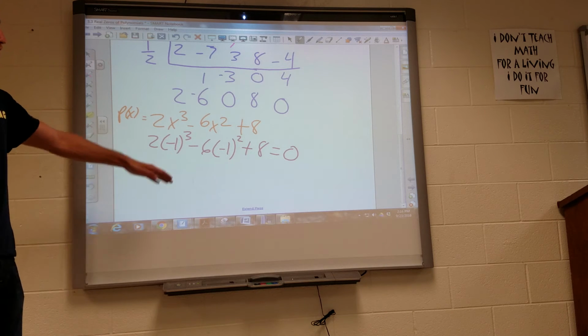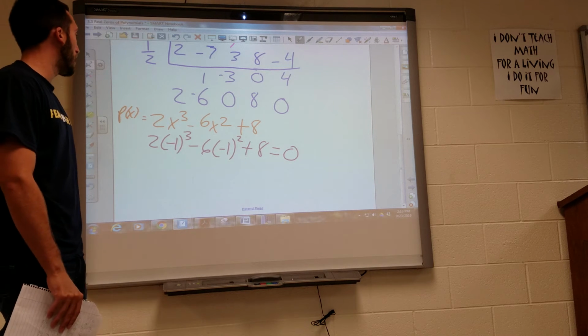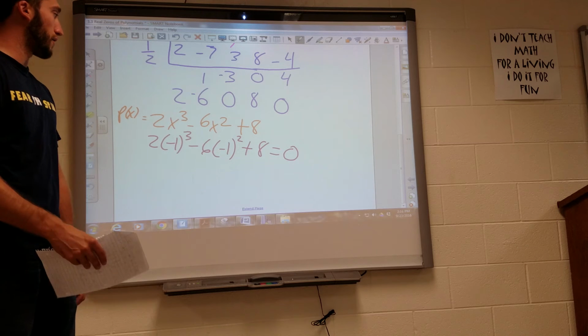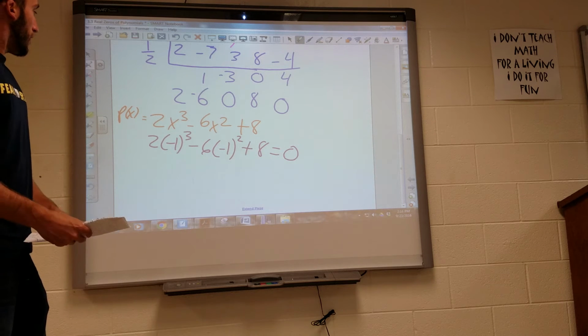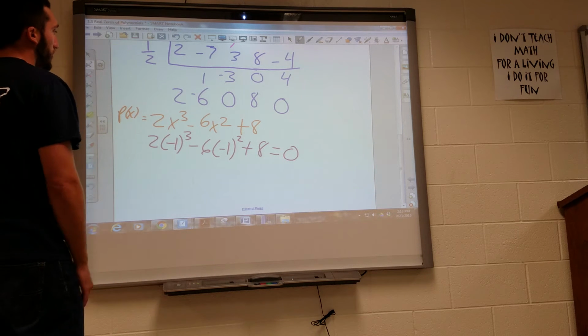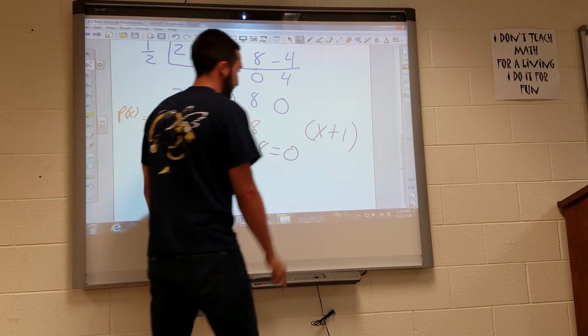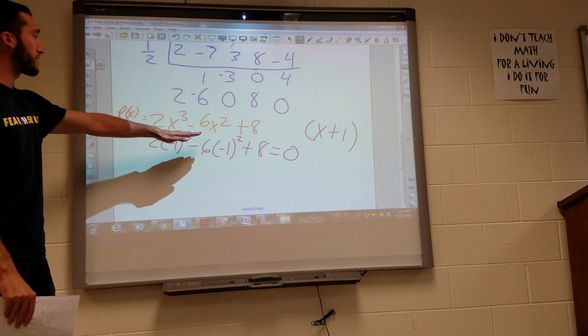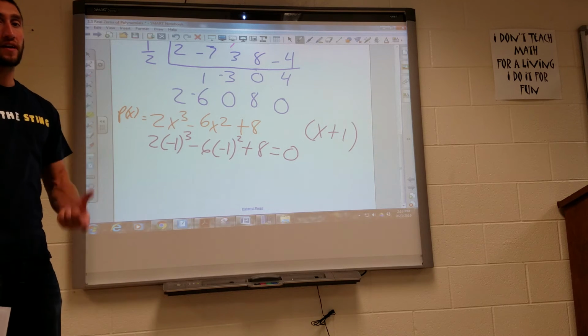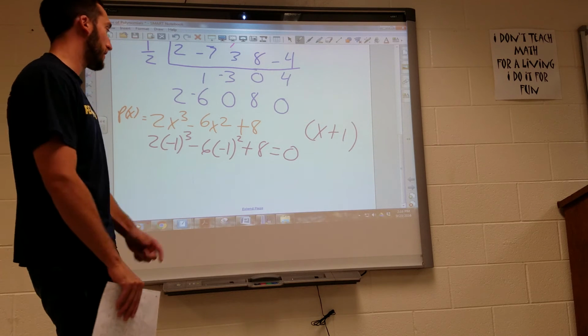So -1 is again a 0 of p of x of our original 4th degree function. So since -1 is a 0, that means we get the factor x plus 1. But I have to use synthetic division, divide by -1 to get down to a quadratic where I can factor.